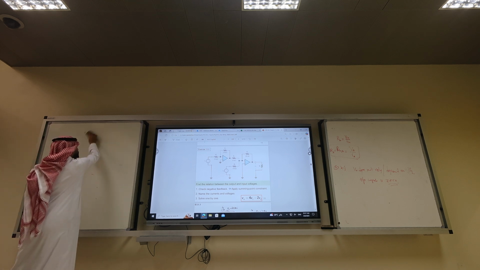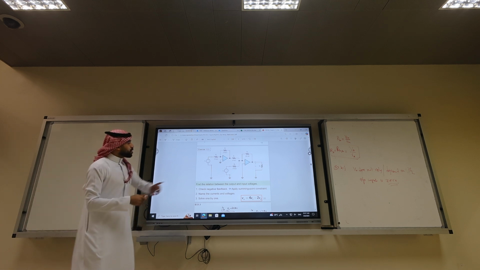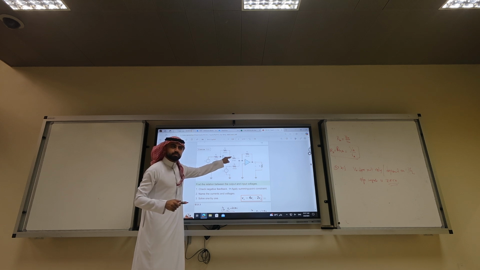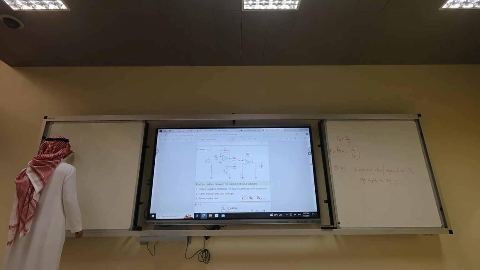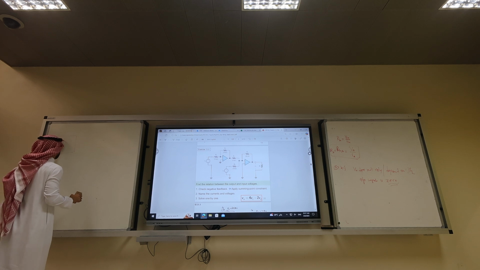So what I'm going to do is draw block diagrams, okay? What is this block up until this point? What do we call it? Inverting amplifier, or classical inverting op amp, okay?